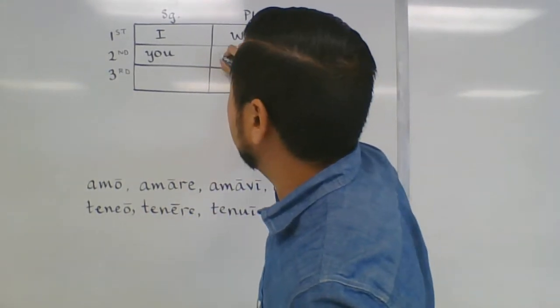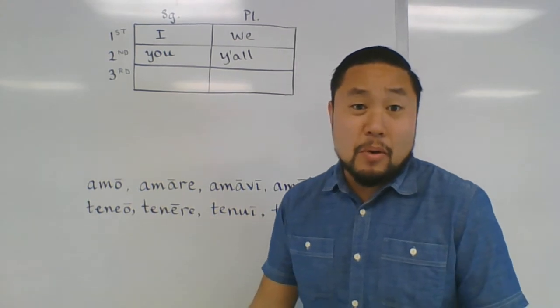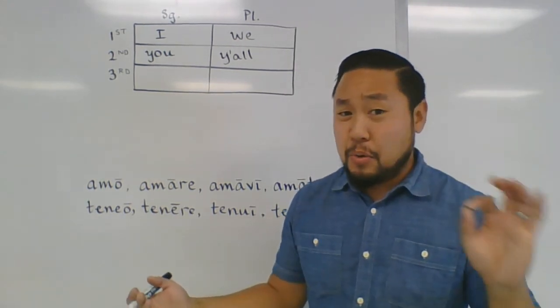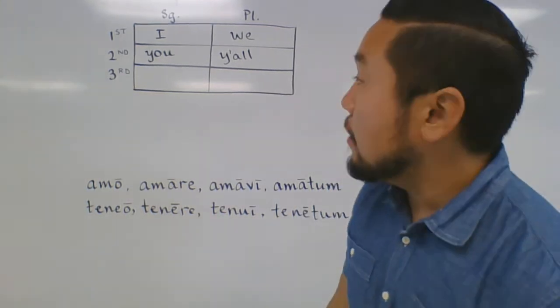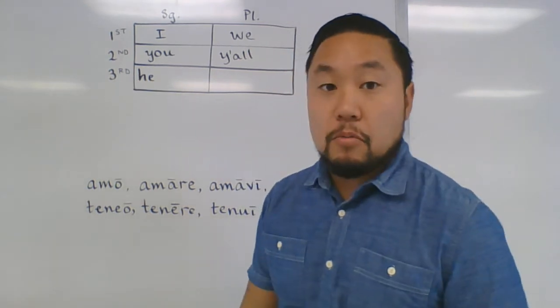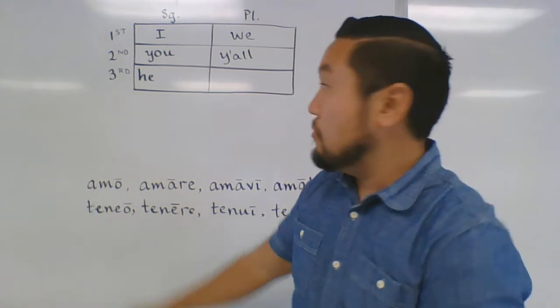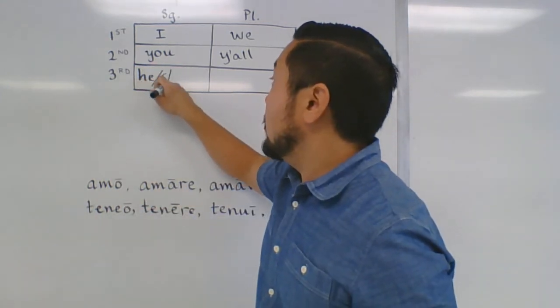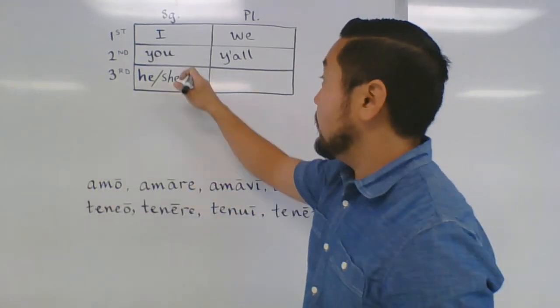So you versus y'all. Your textbook probably is more proper and says you plural. I feel like y'all is a great pronoun to use. I know it's non-standard, but it gets the point across. Last but not least, we have he. If I'm talking about one male person over there, he. It's she if we're talking about one female person over there.